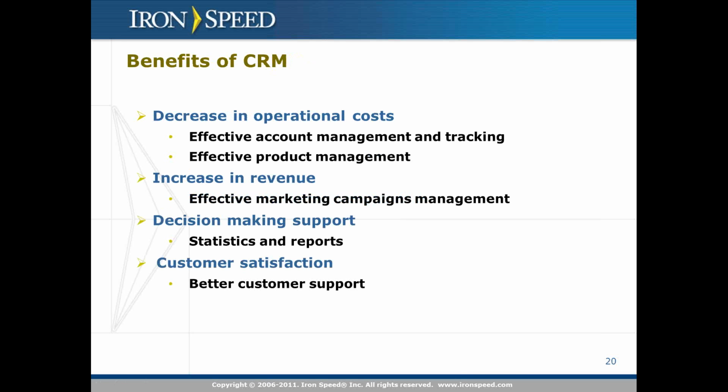Well, first of all, it allows you to decrease operational cost because you can have more efficient account management and tracking, and you can have more efficient product management, and effectively you need fewer people to perform the same task.